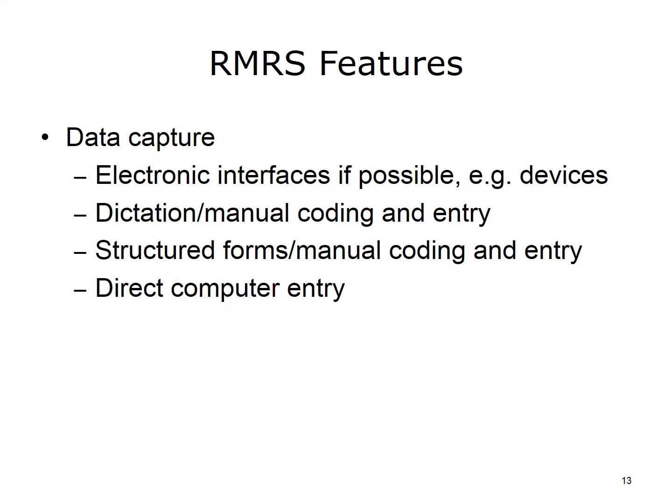Some of the features of the system included electronic interfaces wherever possible. So, for instance, if there were electronic devices that monitored a patient's blood pressure, the developers would try to connect the output from that device so it could be automatically recorded in the medical record. Like the other systems, RMRS used a variety of input methods.